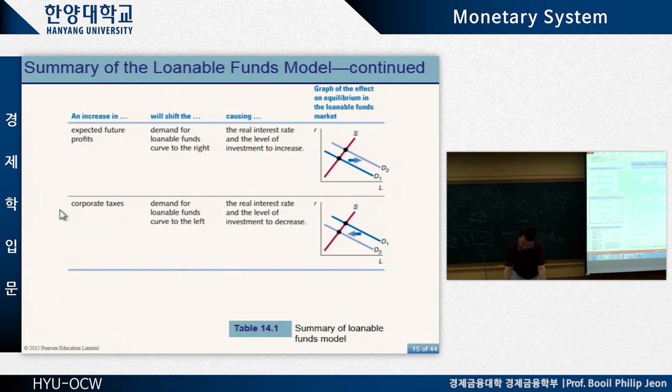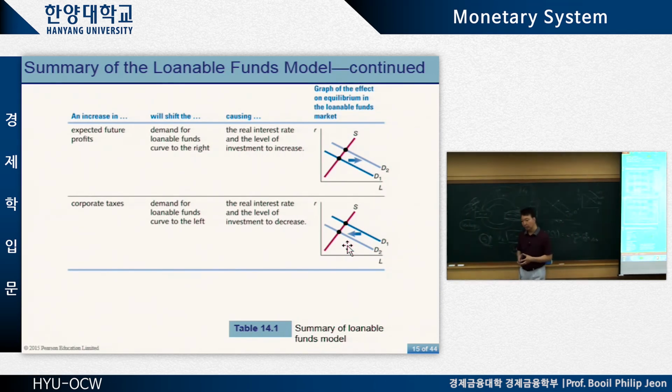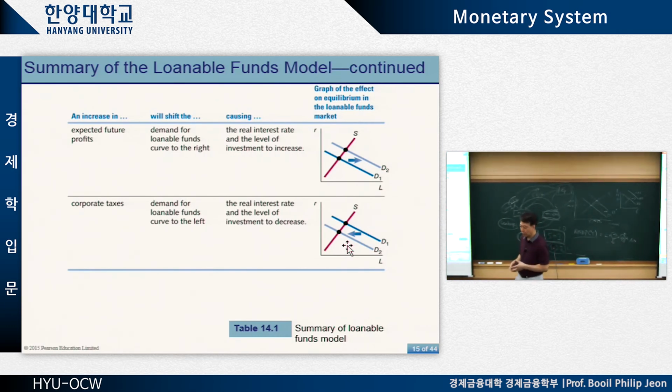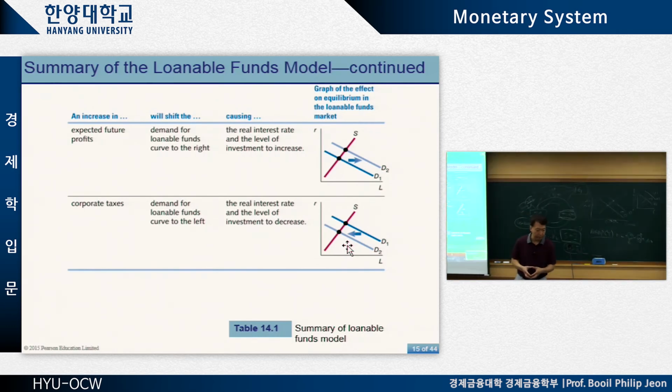If the corporations have to pay higher taxes, then the demand curve will shift to the left, because companies will be reluctant to make new investment. Many times, corporations get a benefit by investing money. Suppose they made $100 million profit, and the tax rate is 30%, that means they have to pay $30 million in taxes.